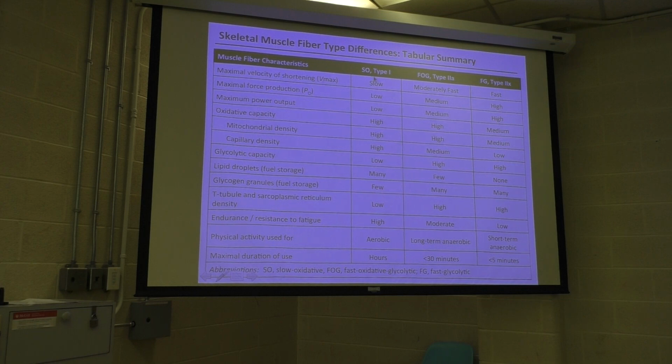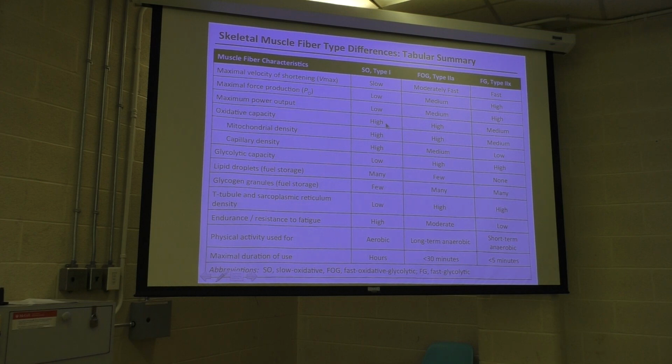When we look at things like Vmax, force production, and power output, you would expect all of these to be lower for type 1 or slower fibers, and faster for type 2A and type 2X. The type 2As are going to be intermediate for most of these metrics. So when you're studying these, you can think about clumping those together based on power and speed.